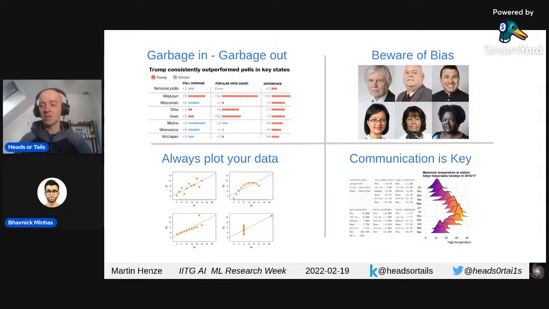And the other part is communication is key. You want to talk to the people that you get your data from. You want to talk to the people that will use your outputs. And you want to talk to everyone. And in order to show and to illustrate what you're working on, you can use data visuals very effectively to communicate your results and communicate what you're talking about.